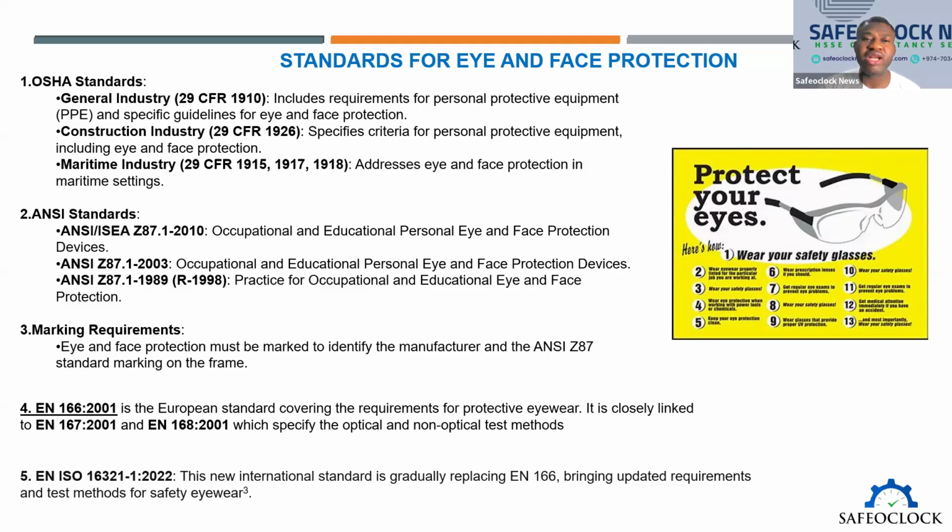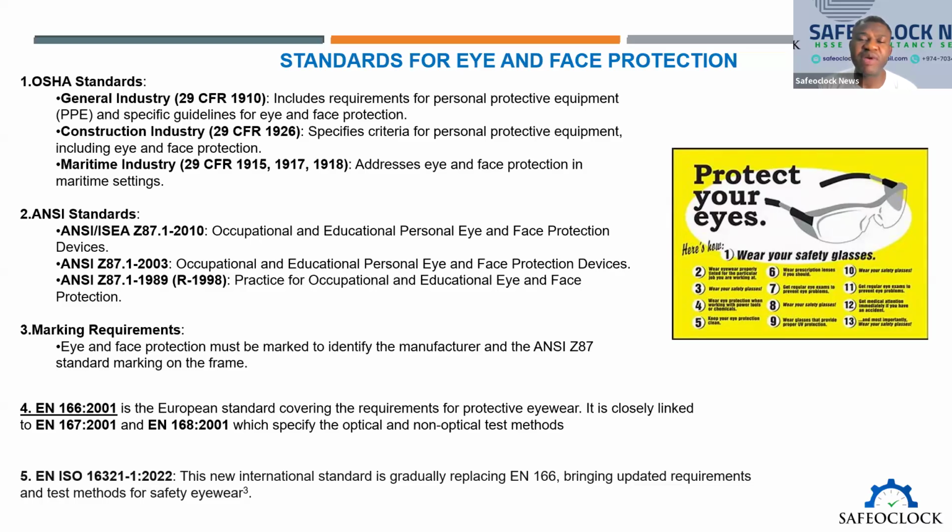Then in the construction industry, OSHA 29 CFR 1926 has specific criteria for personal protective equipment, which eye and face protection is also included. Then in the maritime industry, we have 29 CFR 1915, 1917, and 1918. It specifies the requirements for face and eye protection in maritime settings.